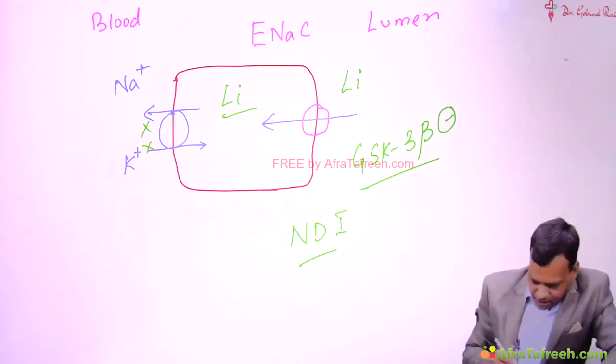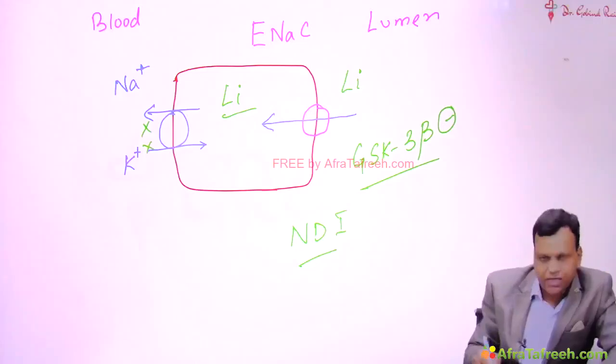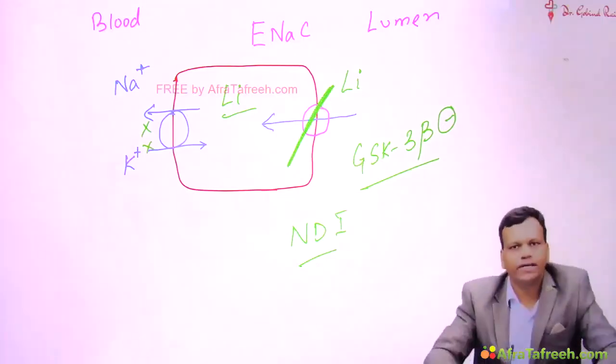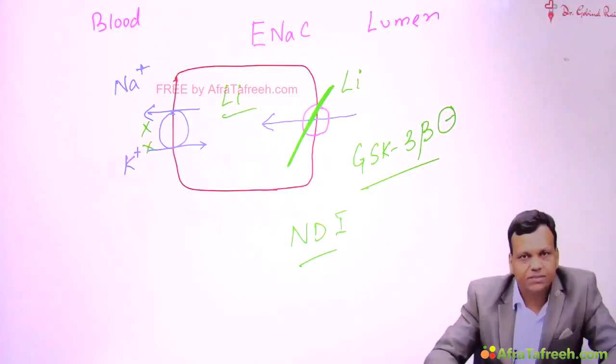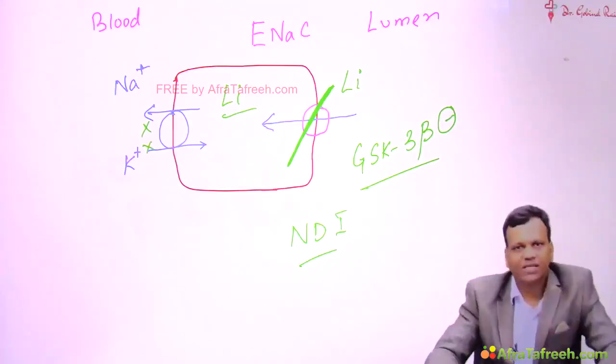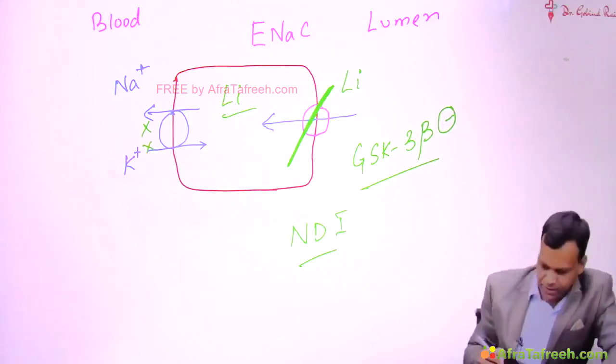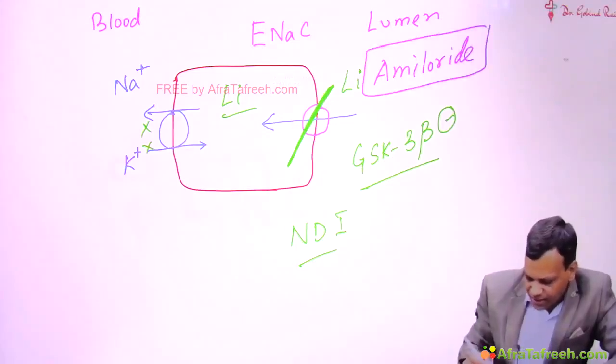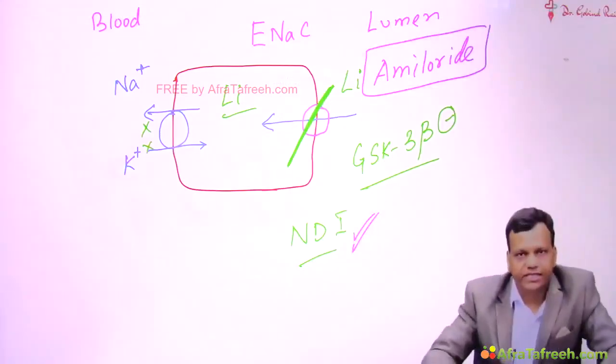We know that lithium enters through the epithelial sodium channel. So if we block this channel, lithium will not be able to enter. When lithium does not enter, we can treat diabetes insipidus. So which drug inhibits the epithelial sodium channel? Right, it is amiloride. Amiloride is used for treatment of diabetes insipidus caused by lithium.